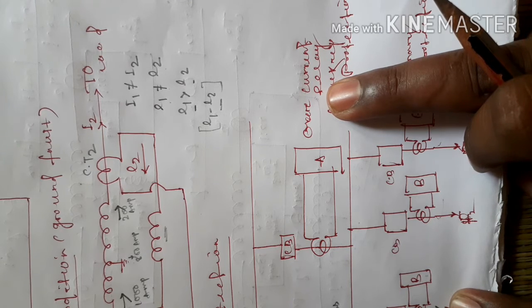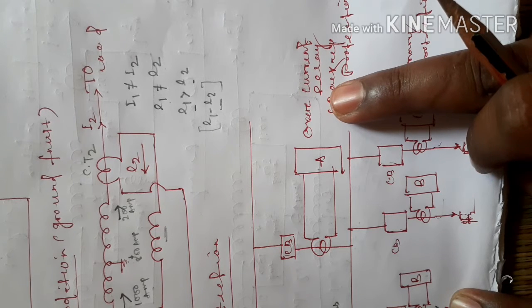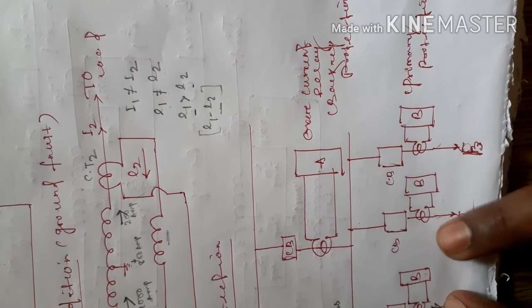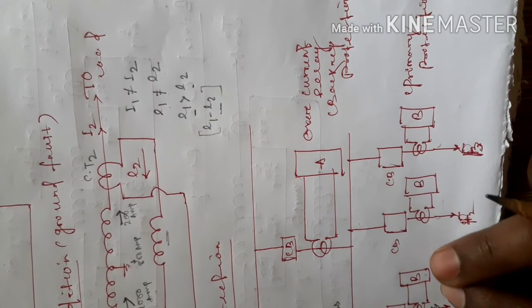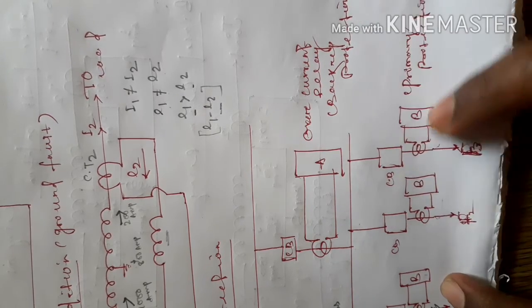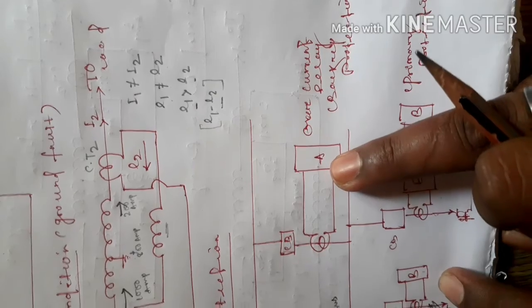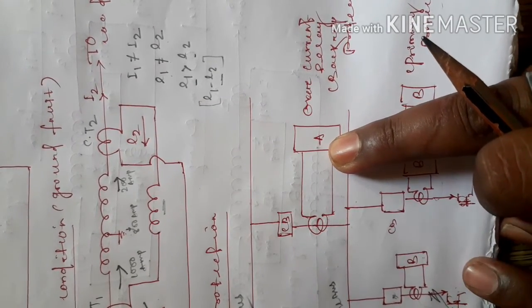If the time setting is more, then the operating time for the relay coil is more, so that the primary relay is given enough time to operate. If due to any reason it is unable to operate, then the backup protection operates, so the faulty section can be separated from the healthy section.